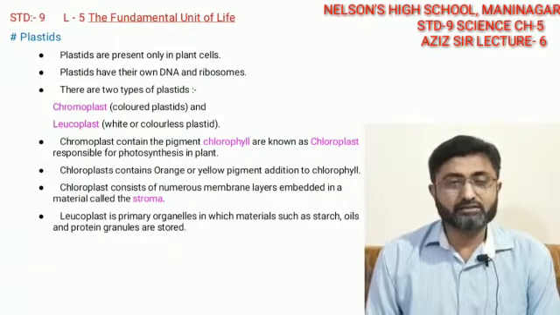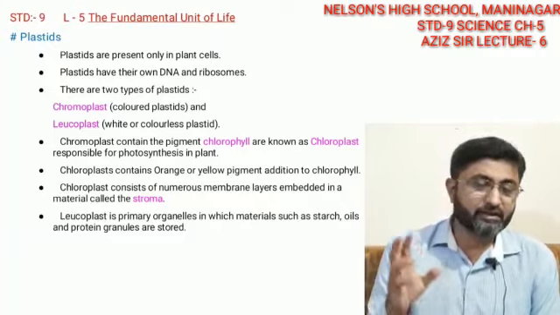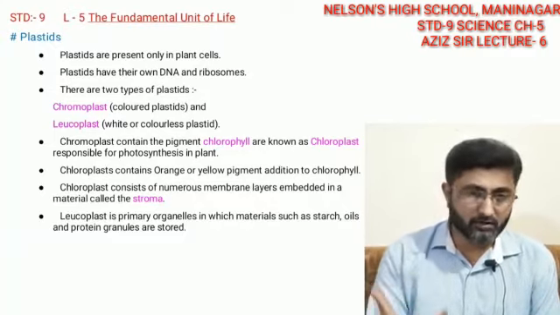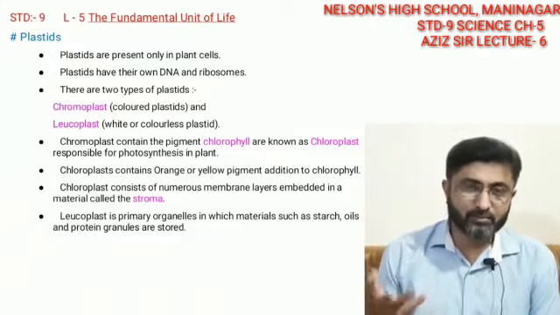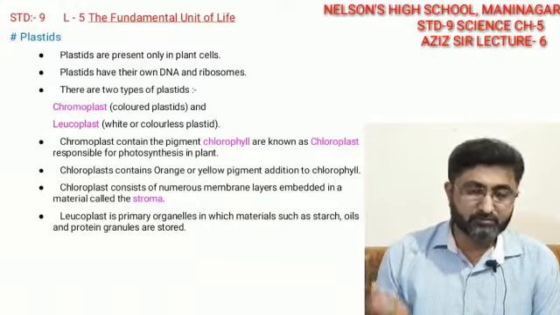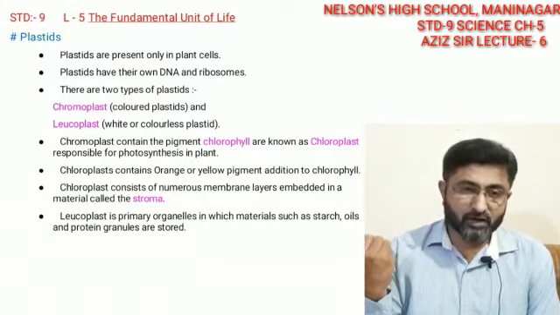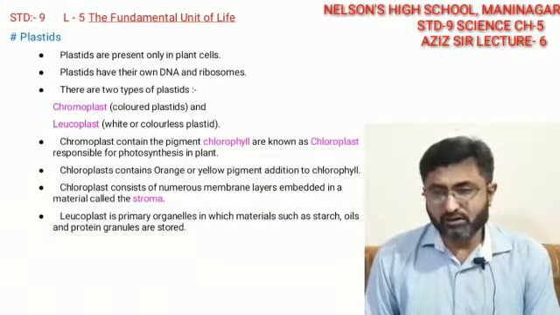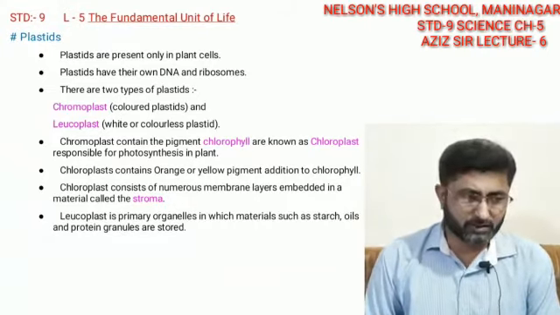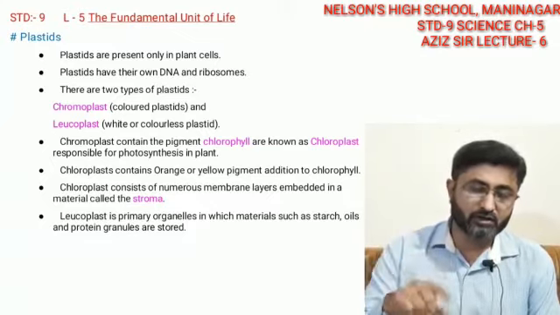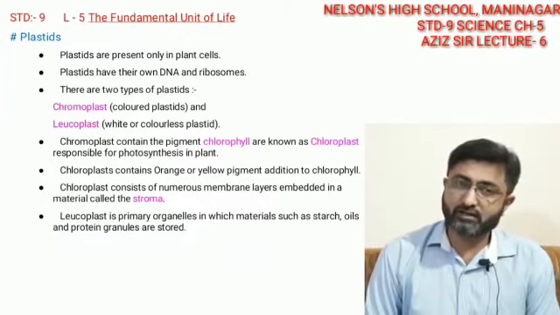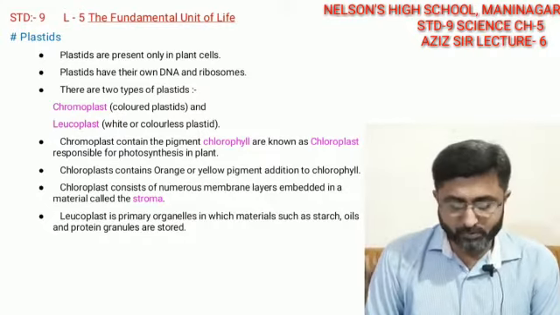The second one is the chromoplast, which has color pigments like orange and yellow, and gives colors to flowers, sometimes stems, or leaves of orange, yellow, violet, bluish color. These colorful leaves are there, and many different colors of flowers are there. These colors are due to the pigment in the cell organelle of plastid, that is chromoplast.